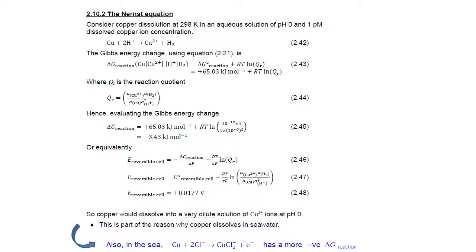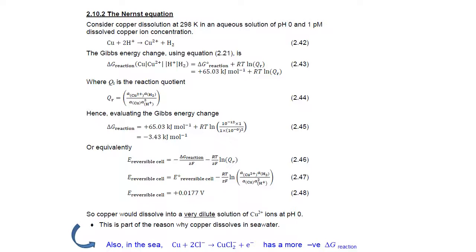And taken together, the fact that we have dilute copper ions in solution, and those ions are actually more stable copper chloride complex ions, it turns out copper does dissolve to more than 1 picomolar concentration in seawater, even though it's at pH 8 in actual seawater.